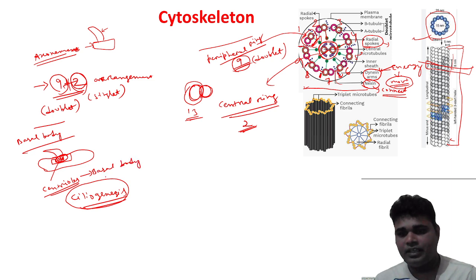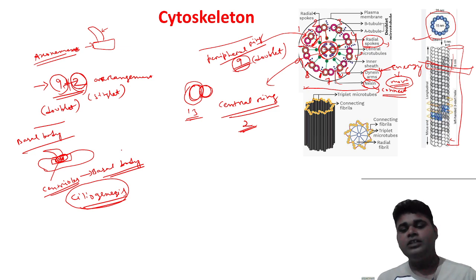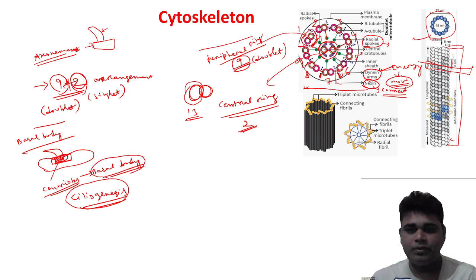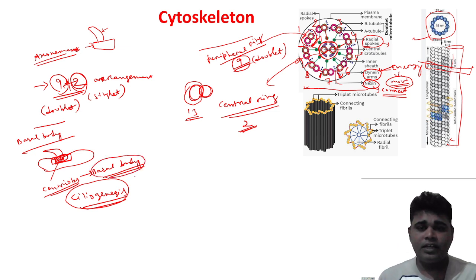So this is another structure of the cilia and the flagella which is present inside the body or inside the cytoplasm. Now the structure of the basal body is different. Look at the structure, and this is the same as present in the centrioles.